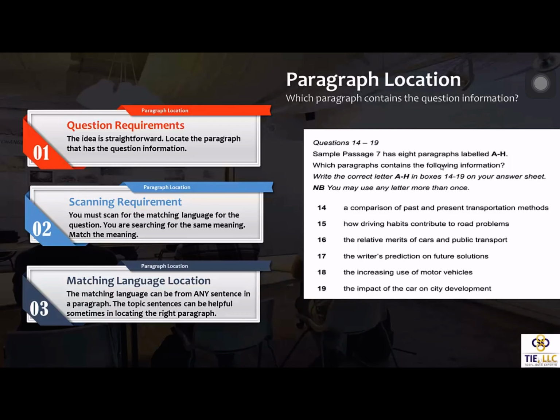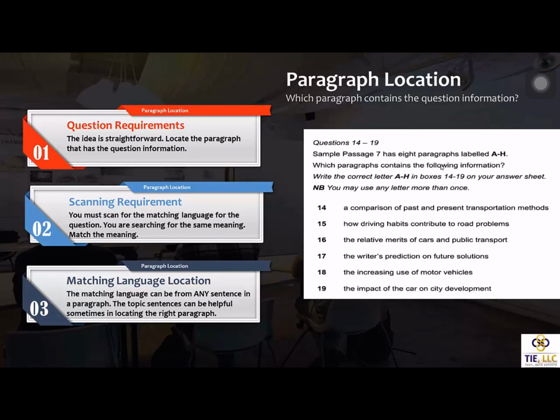Now, this question does require scanning, right? You must scan for the matching language from the question. However, there's a very difficult way to go about scanning, and there's a less difficult method of scanning. And I think after I explain this to you, you're going to understand why you found this question so difficult in the past.